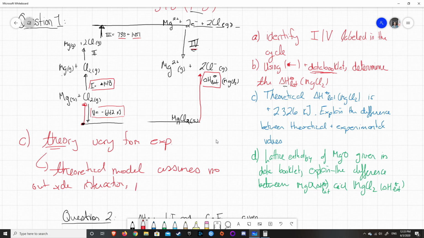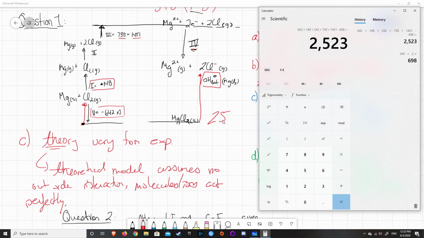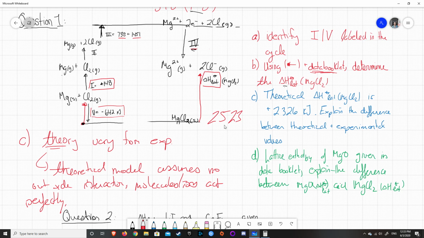So it assumes that the molecules and ions act perfectly. And right here we see that our value, 2,523, is greater than their value. So our value just shows that there are more interactions occurring, right?